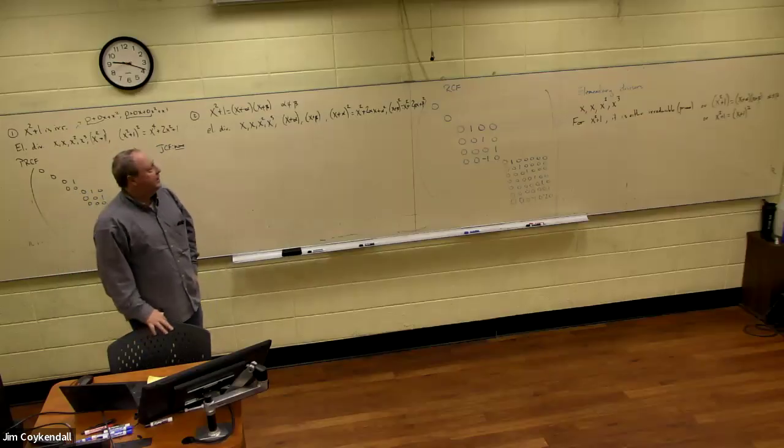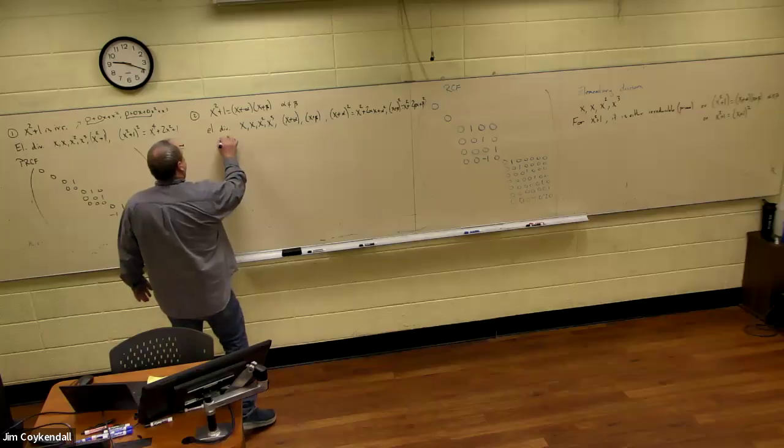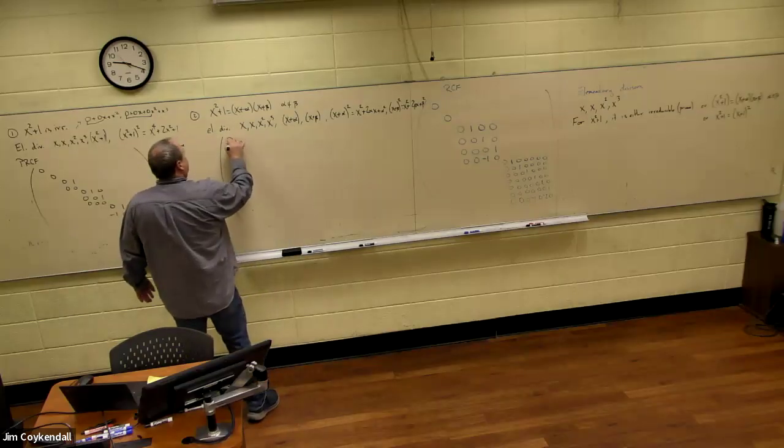And of course, in the familiar case, what you're used to is alpha being i and beta being minus i, for example, complex numbers. So what happens here is we tend to have smaller blocks.